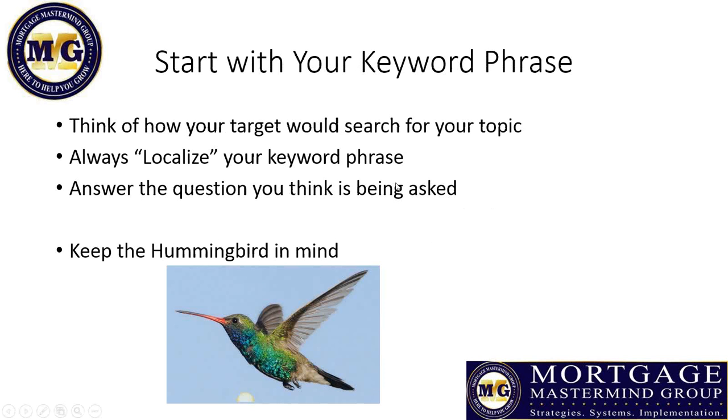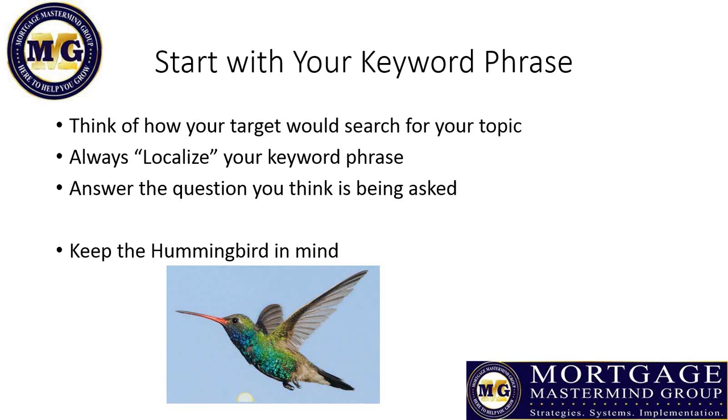Once you've picked your topic, you're going to start the entire thing by thinking of a keyword phrase that focuses on that target and the offering or appeal to that target. Think of how your target would search for that thing. How would a veteran search for a VA loan program?